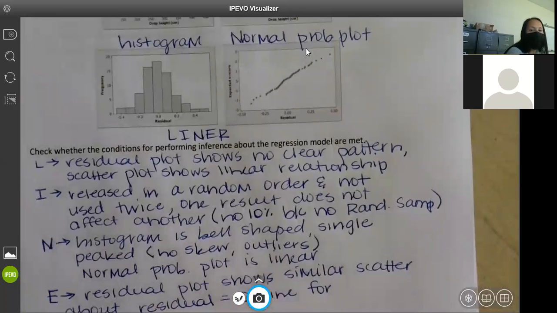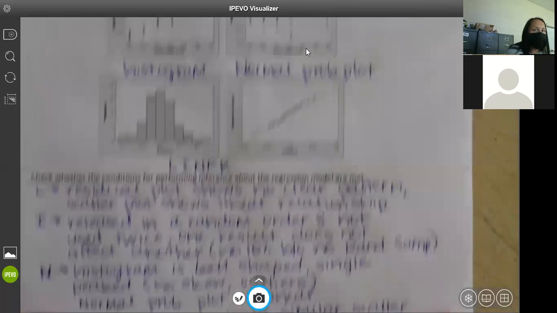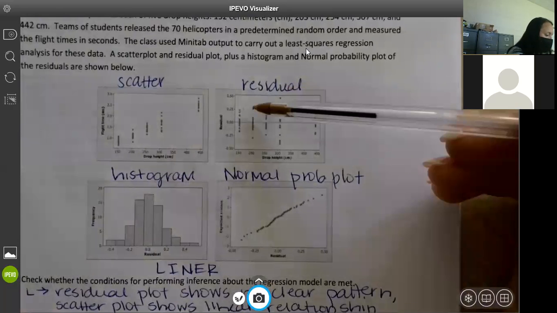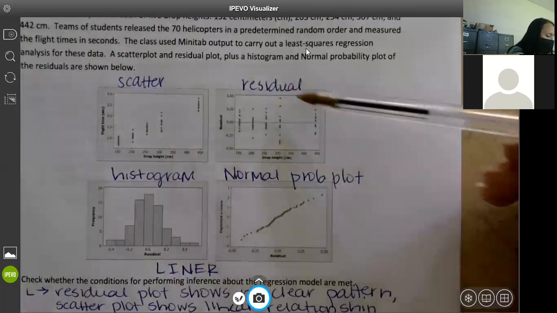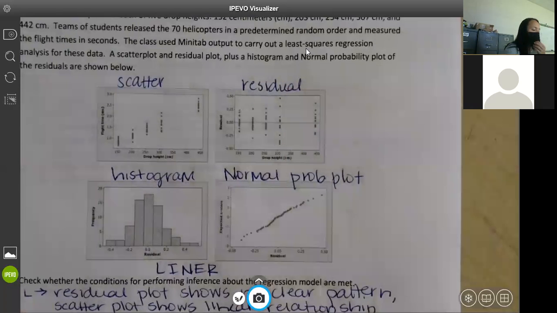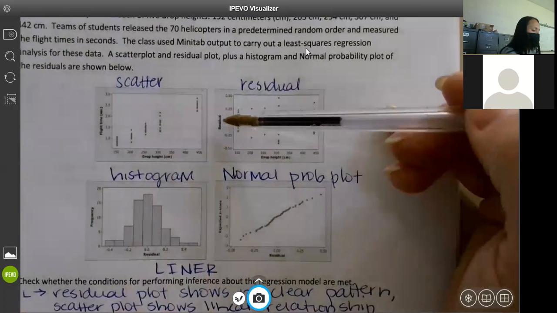And if you look at your residual plot, and I'll slide it down in a minute and show you, if you look at this line, they're pretty much equal. These are equal. These are equal. This one is a little bit weird, but these are also pretty equal. So what you're looking at is that it's the same scatter based on this 0 line right here.